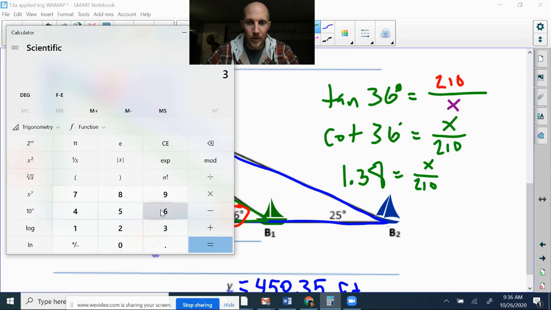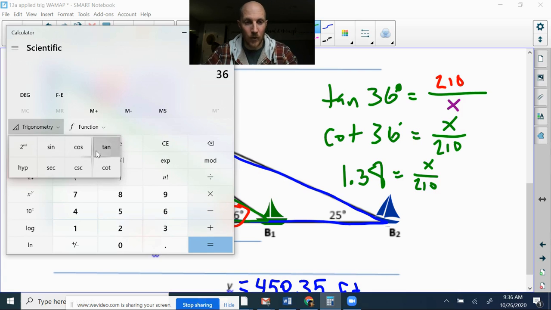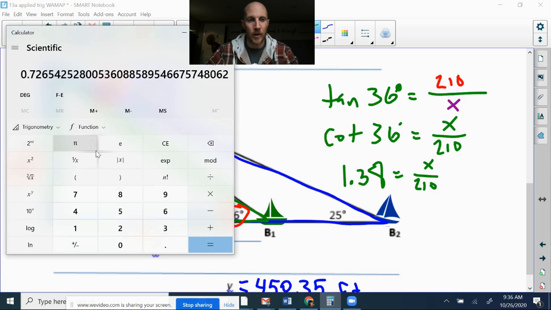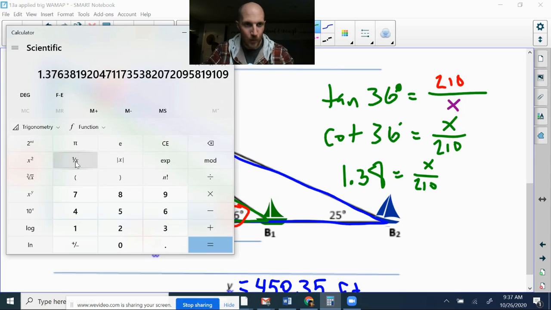So 36 degrees, and let's do tangent. So I'm going to hit the tangent right here. All right, so it's clearly a different number, 0.7265, and so on. Once I have hit the equals or the enter button and I know the tangent, and that's on my calculator screen, now hit reciprocal. You don't need to rekey that whole number in there, just hit the reciprocal button. It'll bring your previous answer into your calculation. So reciprocal, there it is, 1.376. It's going to round to 1.38.